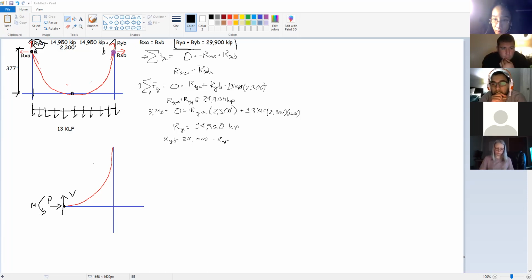Cool, so we only care about the axial force right here, and I'm going to simplify this. Instead of calling it axial force, shear force, and moment reaction, I'm going to call it a tension reaction.